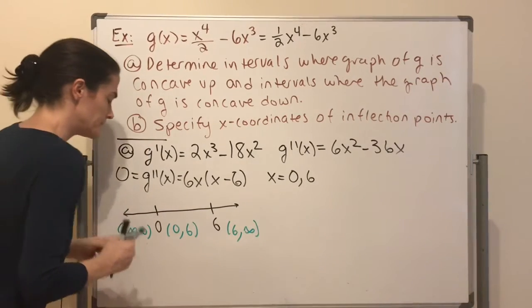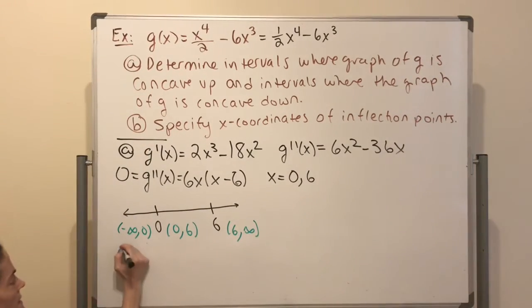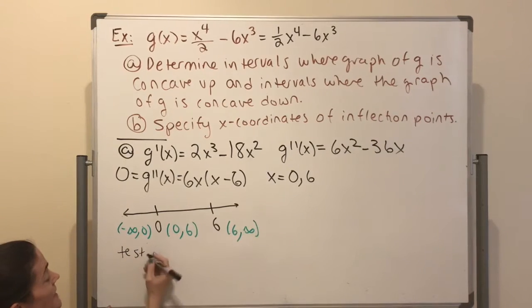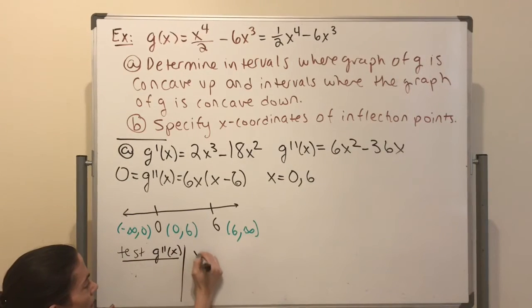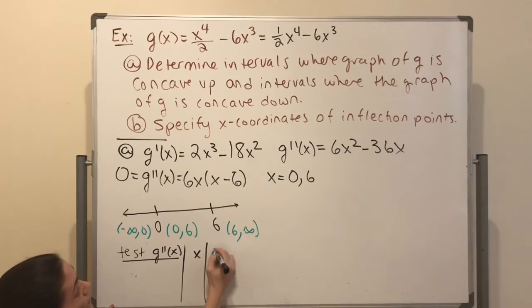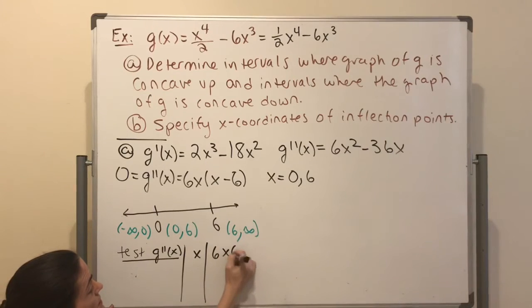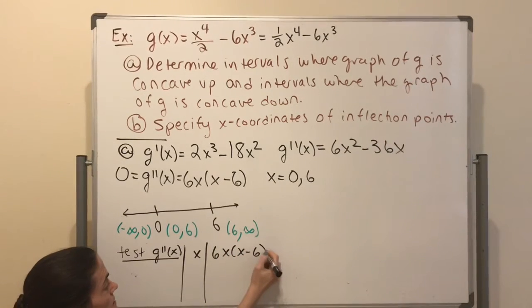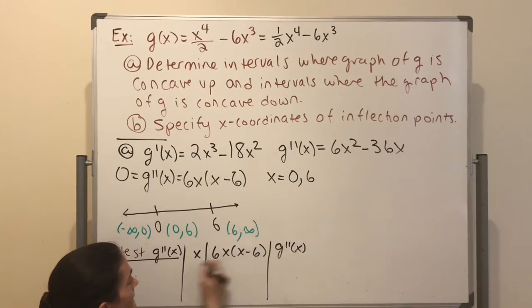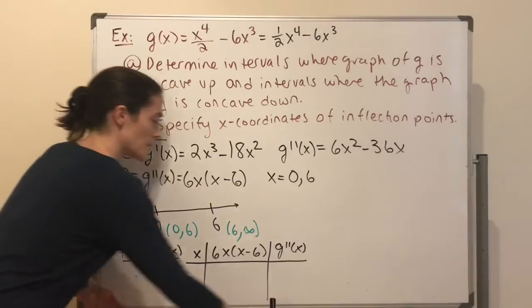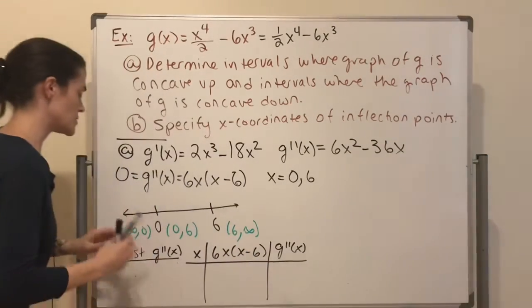And then I want to test the second derivative. I have x. The second derivative factored is 6x, x minus 6. Okay. Pick a point in each interval.